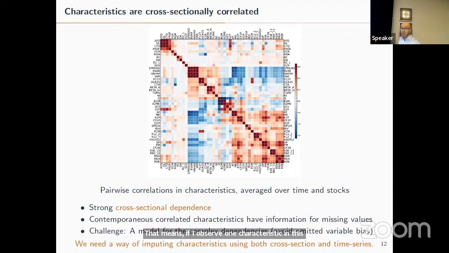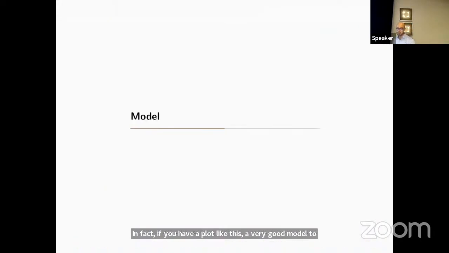Number two, I do not know a priori what all these dependencies are. They're very complex. So ideally, I have a good model that can learn from the data what all these dependencies are. Number three, there are a lot of dependencies. So I really want to take advantage of all observed values. In fact, if you have a plot like this, a very good model to capture these clusters are latent factor models. And that's what we are going to show in this paper.